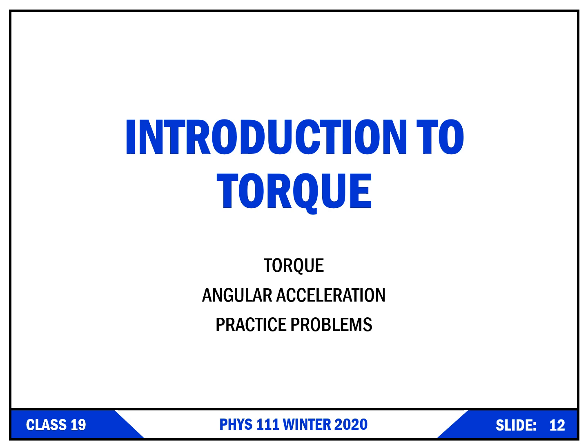Now that we've finished this part of the worksheet, we want to move on to an introduction to torque. So torque is probably something that most of you haven't learned yet, but if we're trying to relate the linear world to the rotational world, so far we've done linear kinematics. So there's acceleration, there's velocity, and there's displacement.